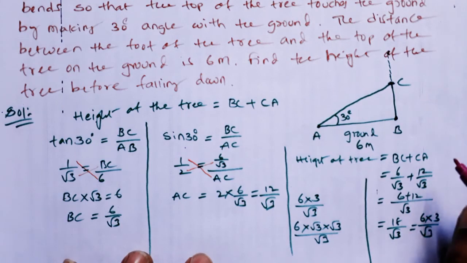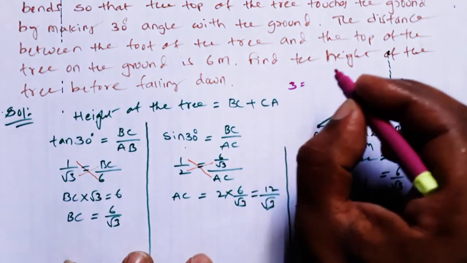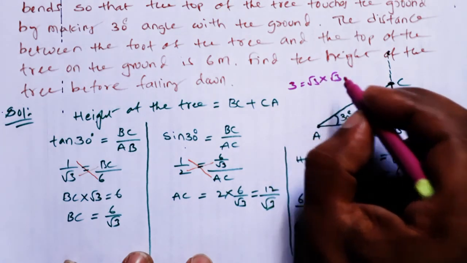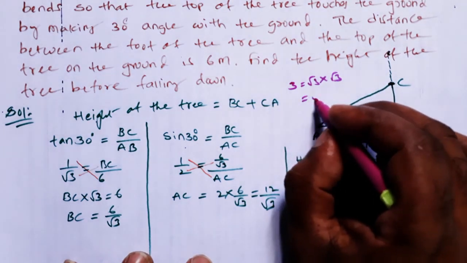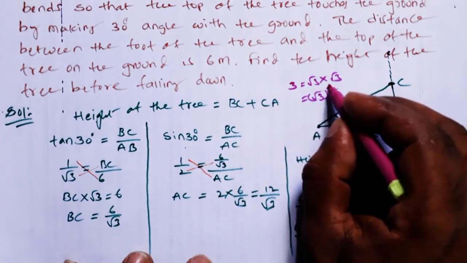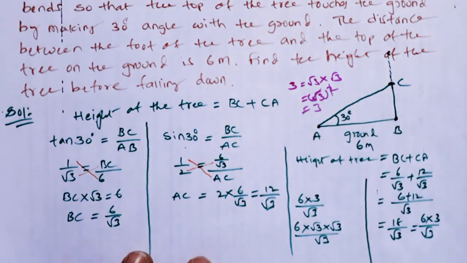Observe this. 3 is written as root 3 into root 3. Why? Because root 3 squared gives again 3. So 6 into root 3 into root 3 by root 3.